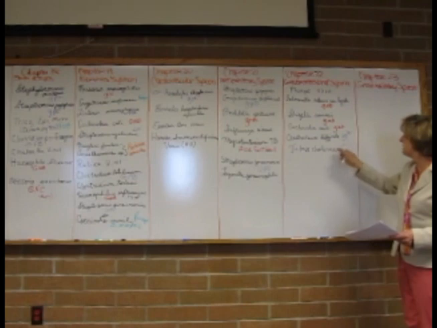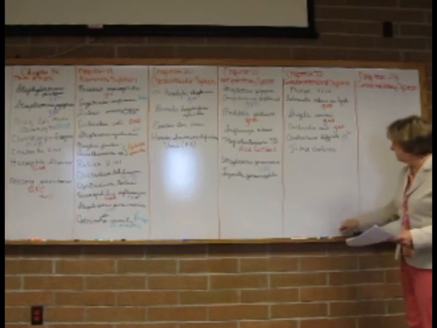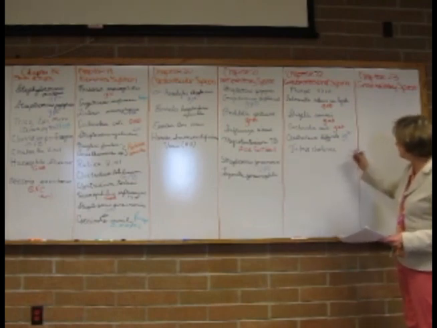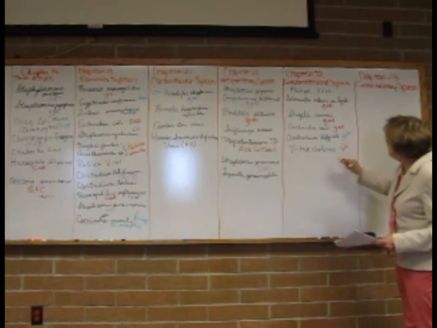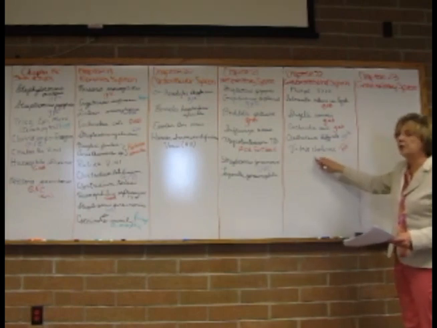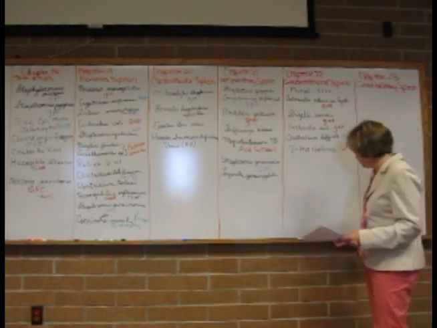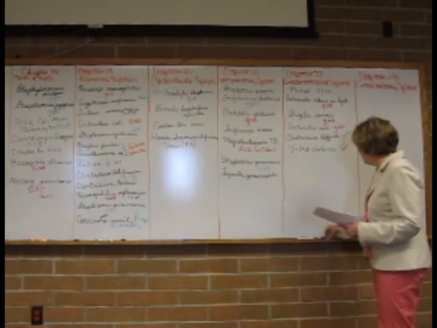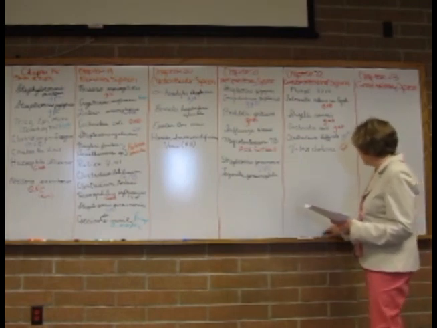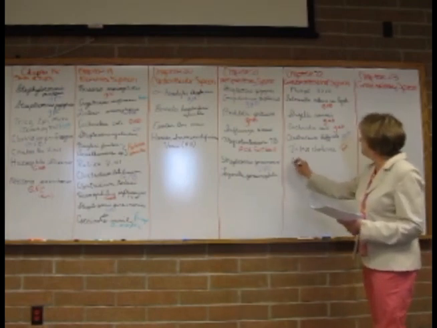The name of the organism has an E at the end. It's a curved gram-negative bacilli. The main thing we learned about Vibrio, or cholera, was the symptoms of the profuse diarrhea that goes with cholera.